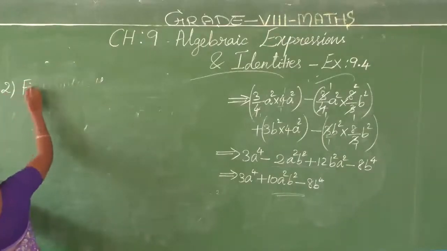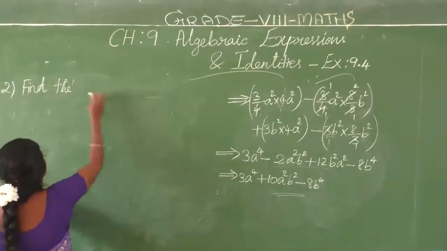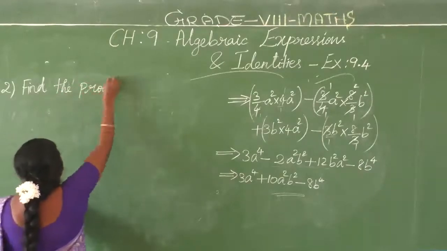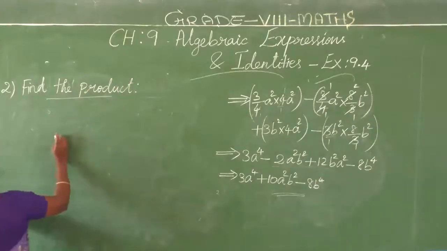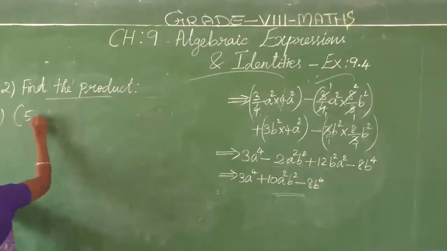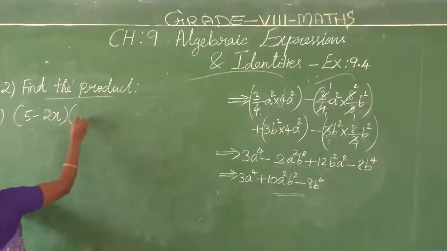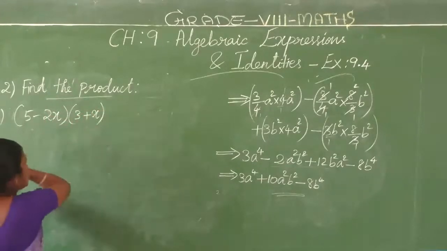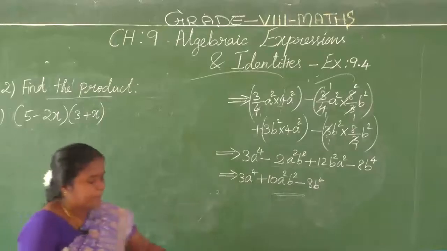Okay, few questions are there. Say I am putting the first one, 5 minus 2x into 3 plus x, have to solve. 5 minus 2x into 3 plus x.